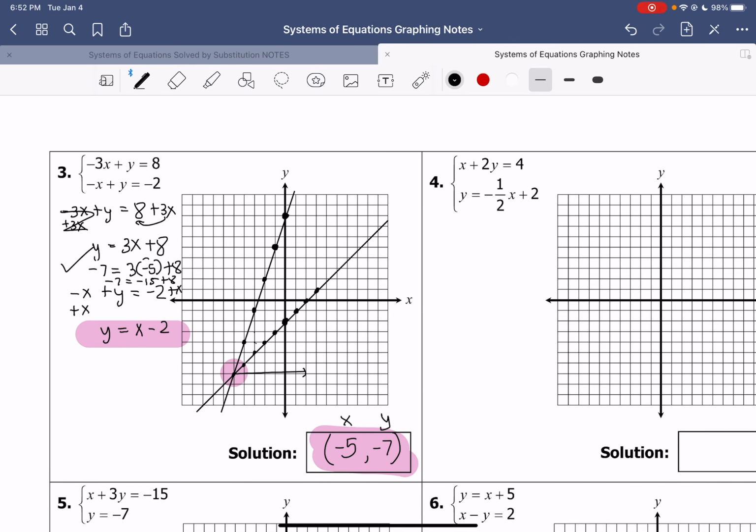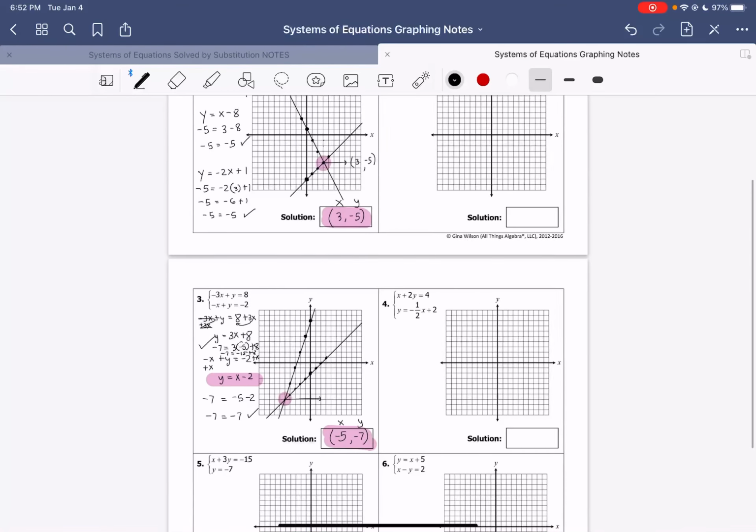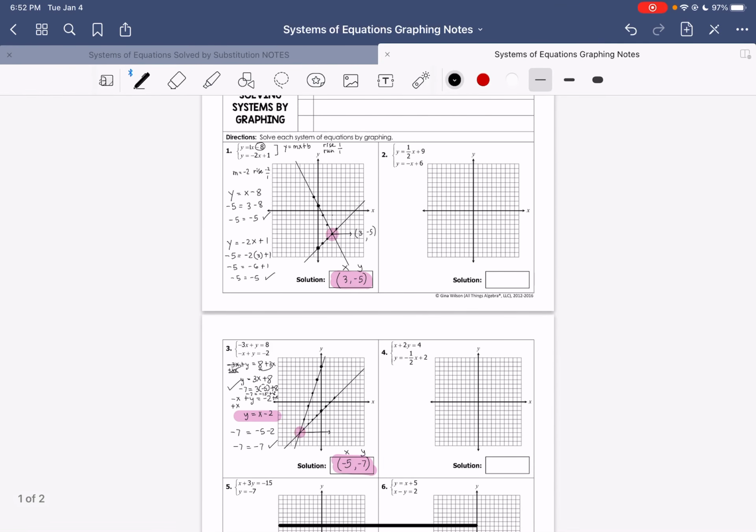And then on the second one, we have -7 is equal to -5 minus 2, so -7 is equal to -7. So in both of these cases, both of the equations checked out algebraically and graphically, so we know that we did both of those correctly.